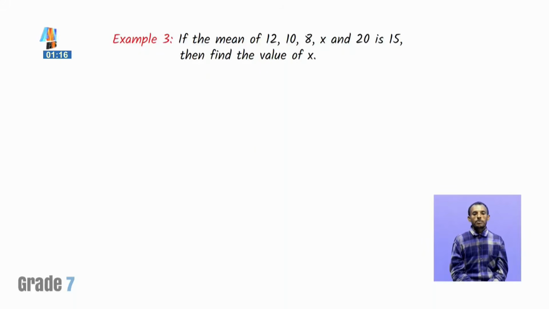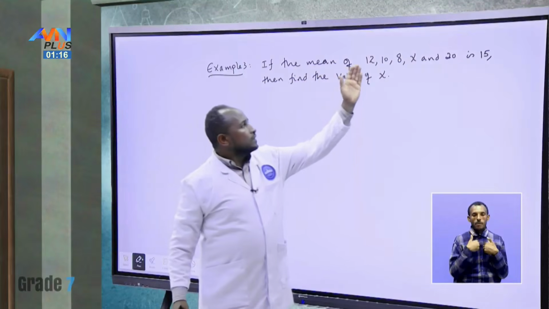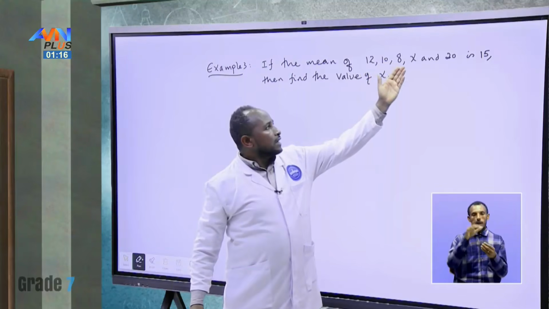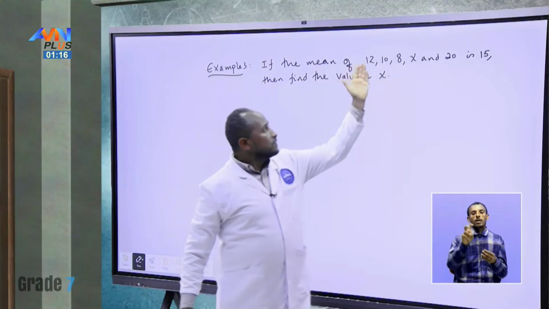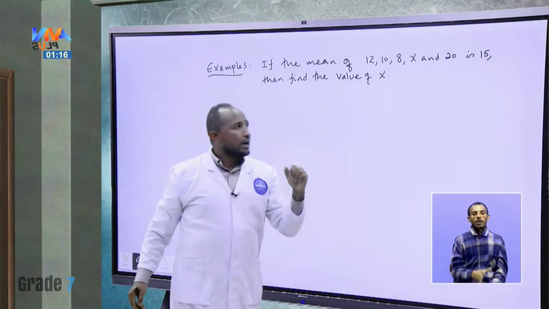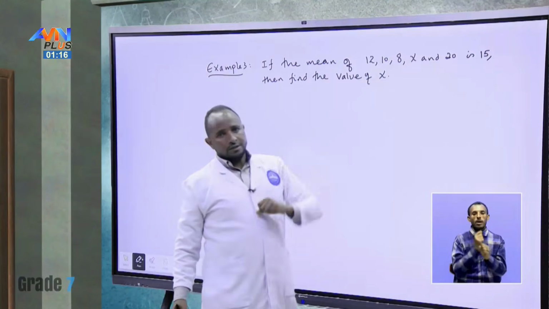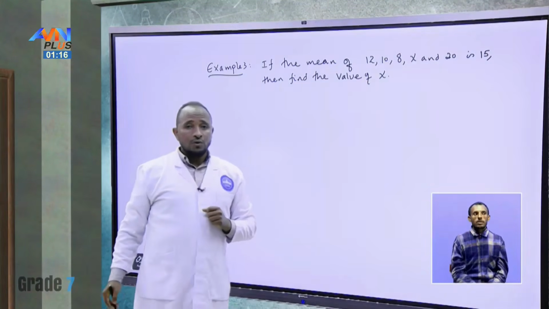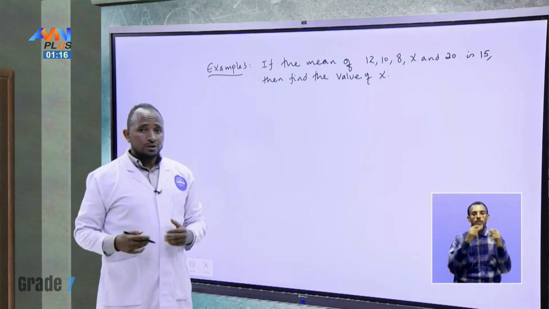Here you have 12, 10, 8, x, and 20. The mean of this data set is 15, and we are asked to find the value of x. So let's try this question together.